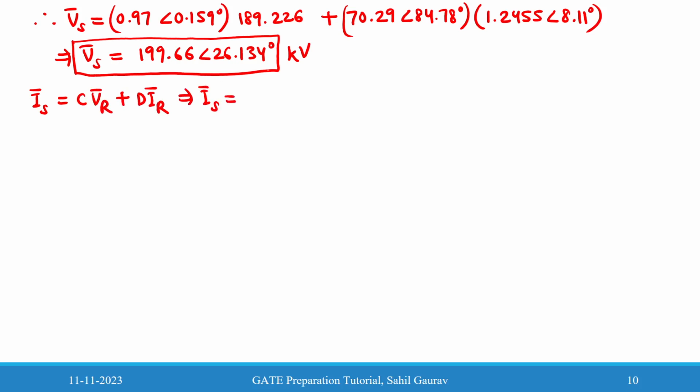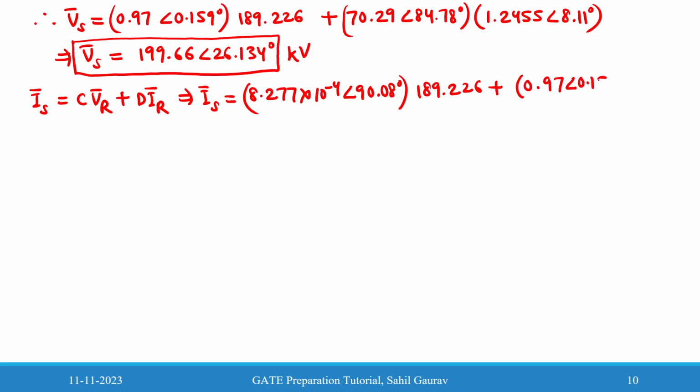So IS value comes as the C value, 8.277 into 10 to the power minus 4 at the angle of 90.08 degree, times VR, which is 189.226, plus the D value, 0.97 at the angle of 0.159 degree, times 1.2455 at the angle of 8.1 degree. So IS will come as 1.241 at the angle of 15.44 kilo ampere.